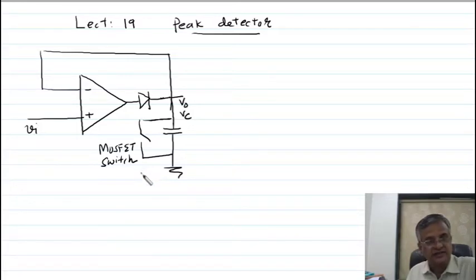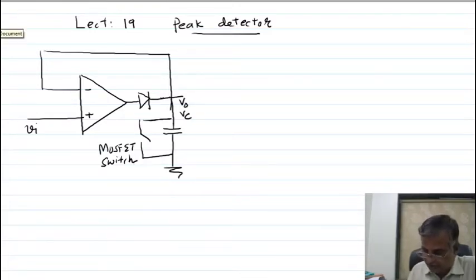This peak detector circuit is used to compute the peak of the input signal and store that peak voltage on this capacitor. It holds and stores this voltage on the capacitor until it is discharged with the help of the MOSFET switch.